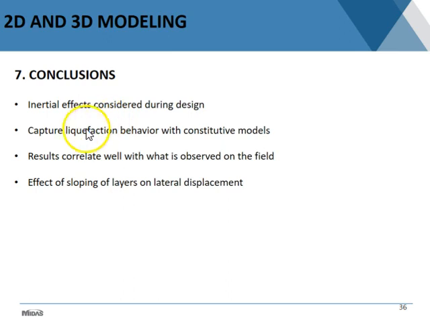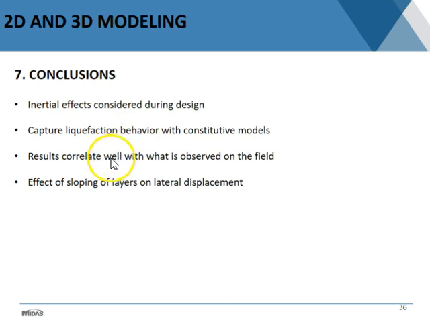Because sometimes you may have conditions where liquefaction takes place very late during the earthquake, maybe towards the end of it, or early on. And if that liquefaction occurs at the same time or very close to the time where you have a large inertial effect, that's going to create some problems in terms of design.